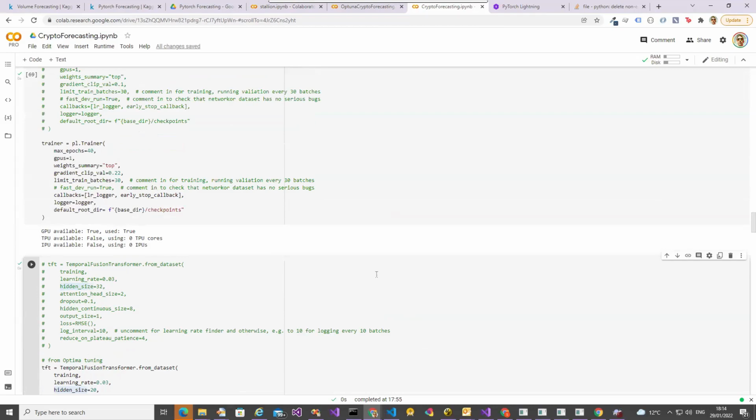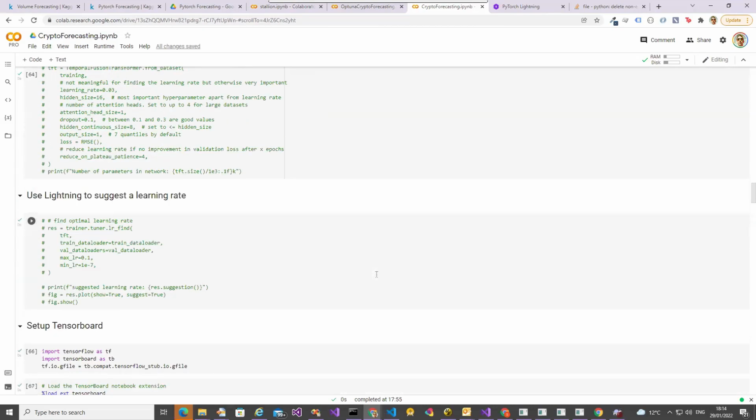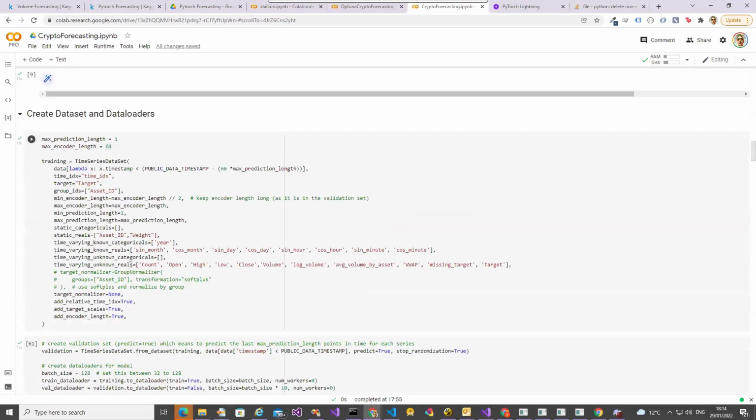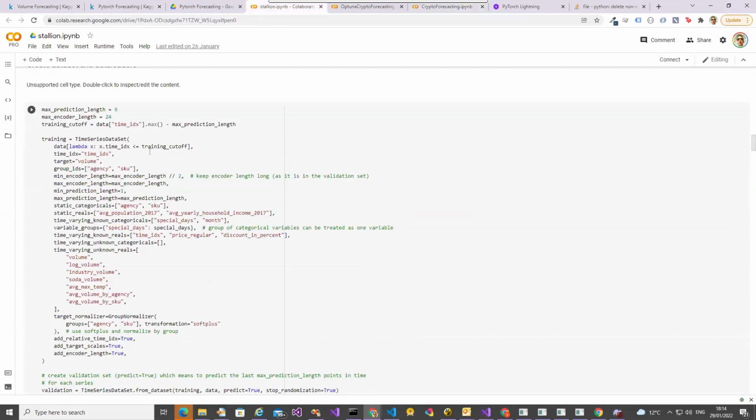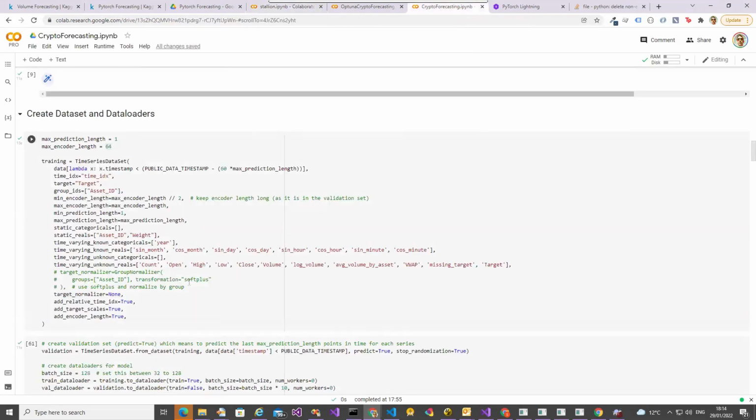Wow. One other thing I missed: originally I just copied this Stallion example, which is from some other Kaggle competition. Within their time series data set, on the target variable, they're using this group normalizer. I tried that, but it gave me some errors, so I got rid of it.